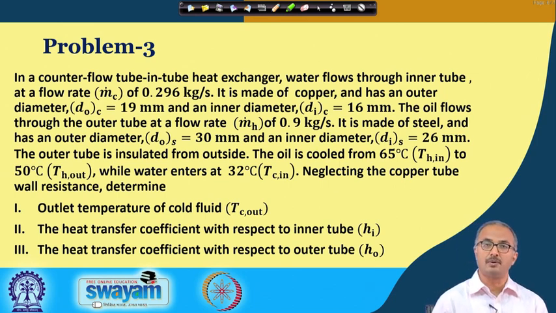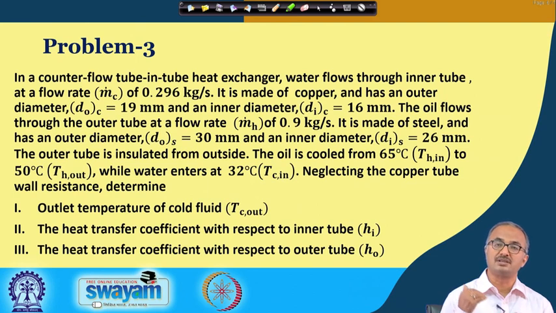The outer tube is of steel because you do not want the system to exchange any heat with the surroundings. So we choose a material with low enough conductivity, much lower than the copper conductivity.